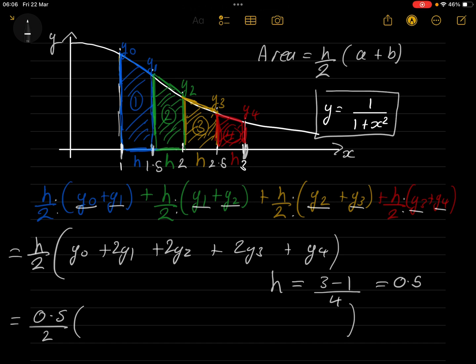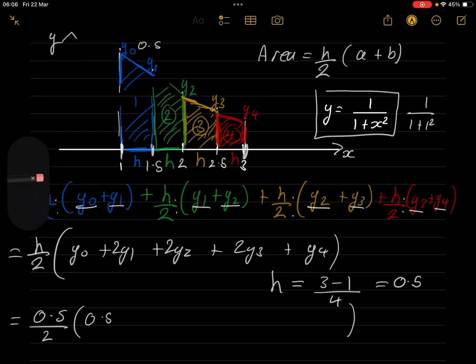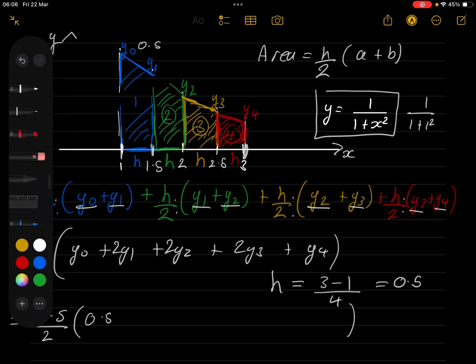When x equals 1, we get 1 over 1 plus 1 squared, which equals a half, 0.5. So this y coordinate here is 0.5. If we were to substitute in our second coordinate, that would be x equals 1.5, and that would give us a corresponding y value, we've called it y1.